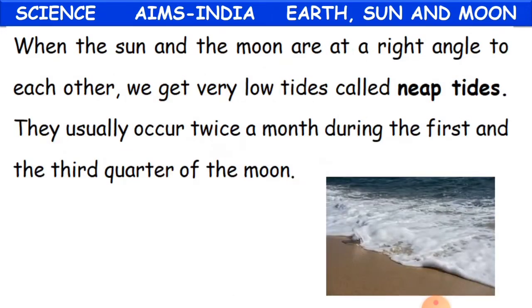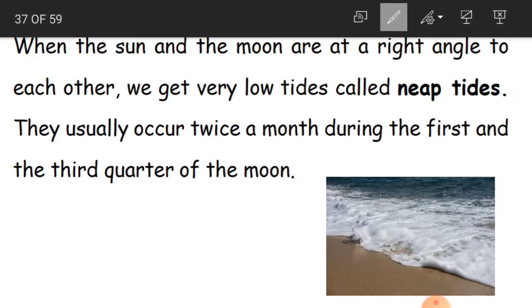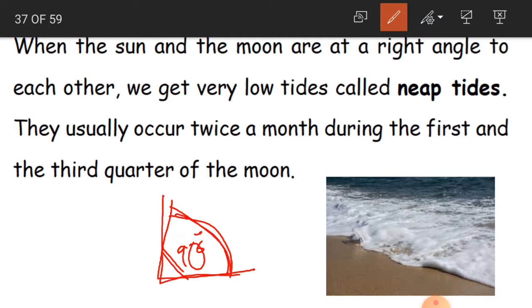Now, when the sun and the moon are at a right angle to each other, right angle means 90 degrees, suppose this is the sun and this is the moon, we get very low tides, which we call neap tides, as shown in the picture here.